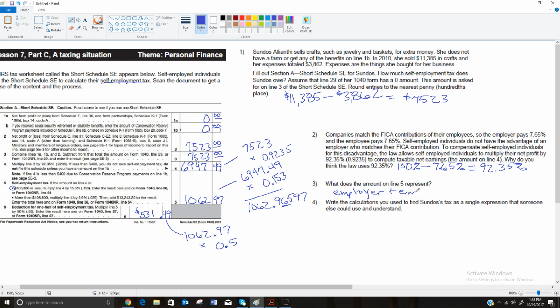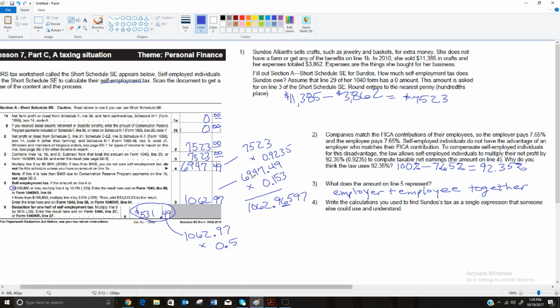But since she's her own employer, they only make you pay as the employee. And so instead of making you pay the entire $1,062.97, you're only required to pay half of it. So you are only on the hook for that much rather than the whole amount. And again, they could do it differently, but this is how they decide to do it. It's basically to encourage people to have small businesses because that helps the economy.